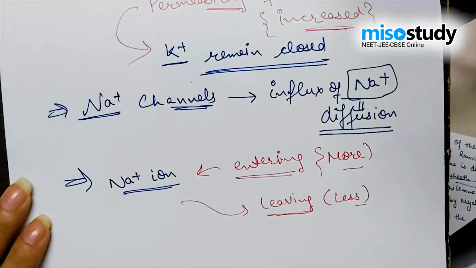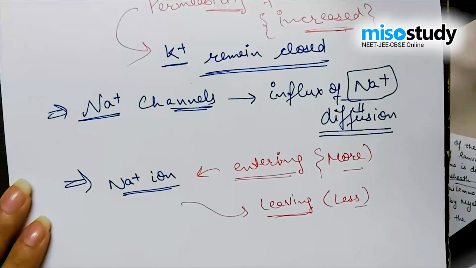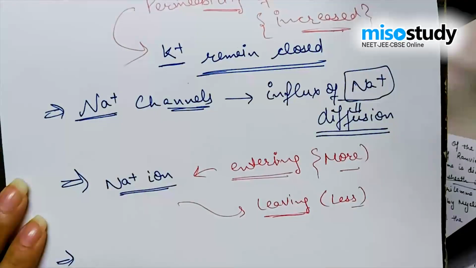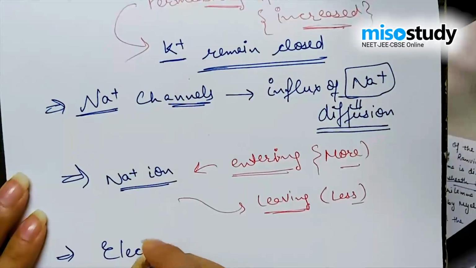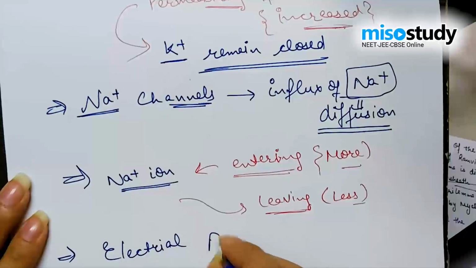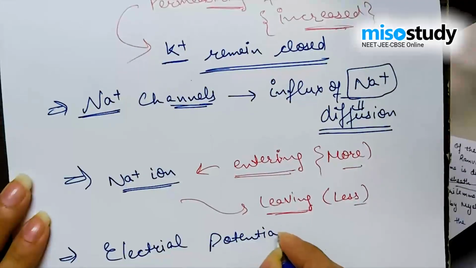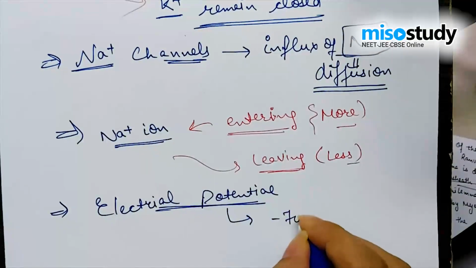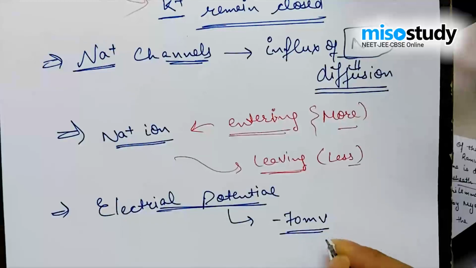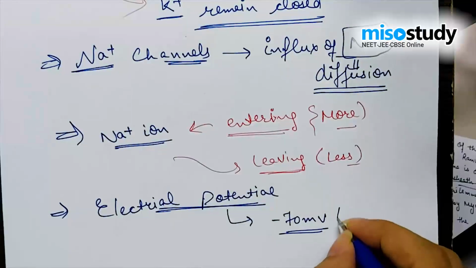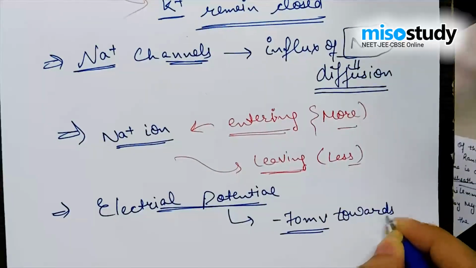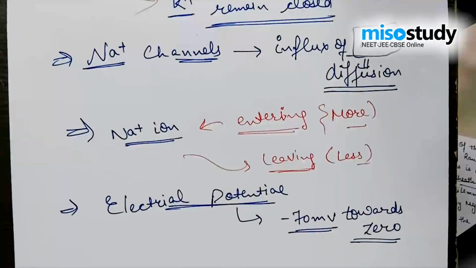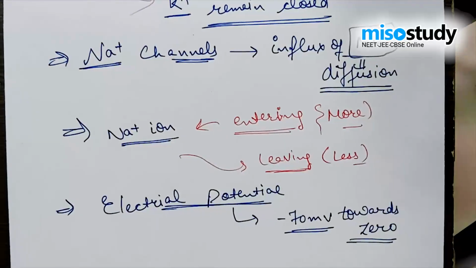Due to the more Na plus ion influx and less Na plus ion efflux, the electric potential of the membrane, which is minus 70 mV, shifts towards 0.